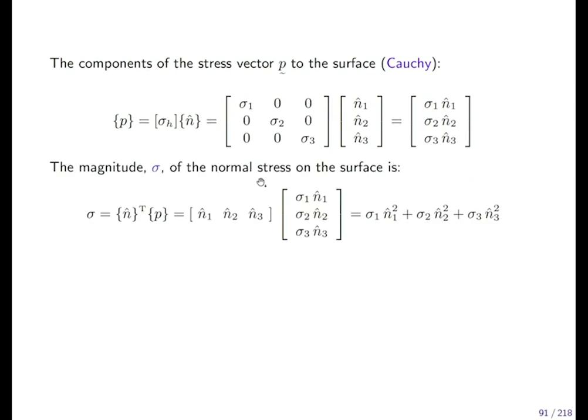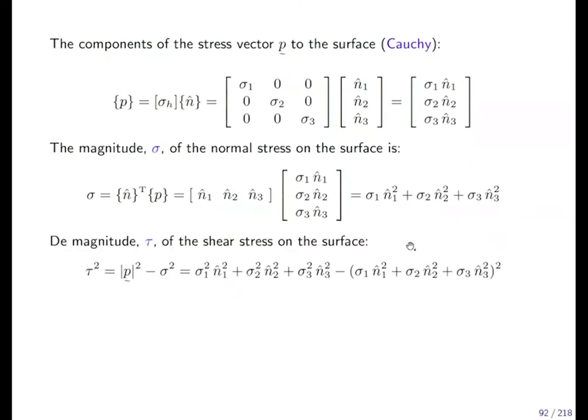Okay, magnitude of sigma, the normal stress on the surface. Insert all the definitions which we have calculated and used before. I really don't want to go through all these details. And use Pythagoras, the right-angled decomposition of the stress into its normal stress and its shear stress. So this is the total stress.